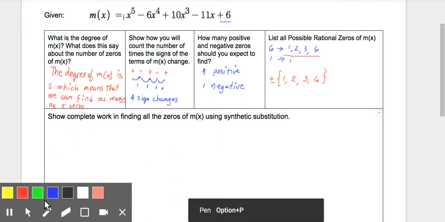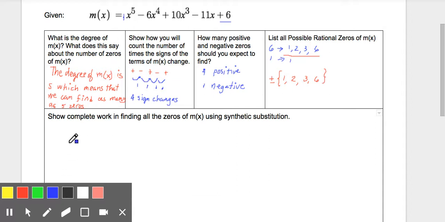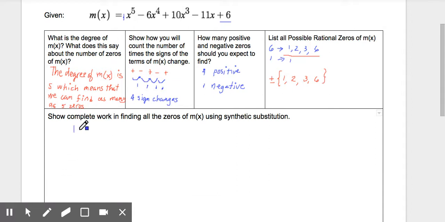So we have to make sure that we insert 0 for x squared right here, and make sure that it's reflected here.